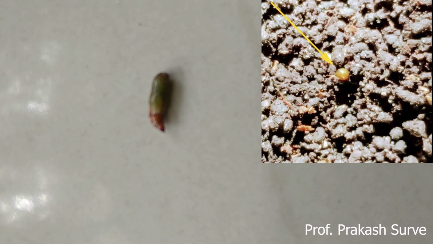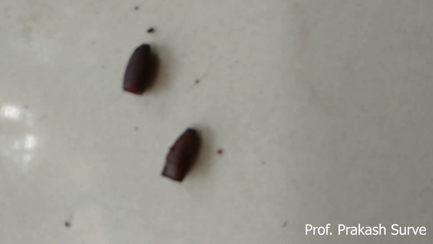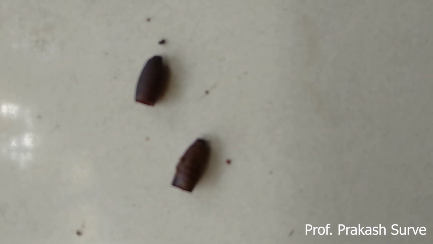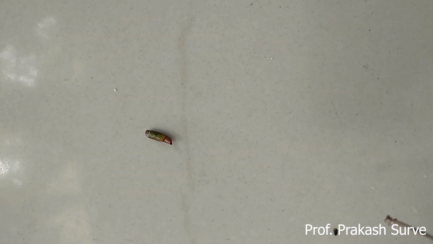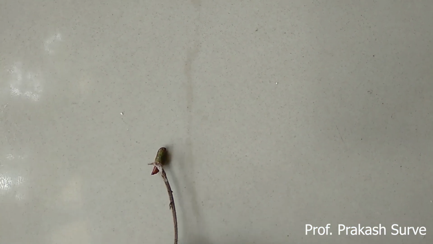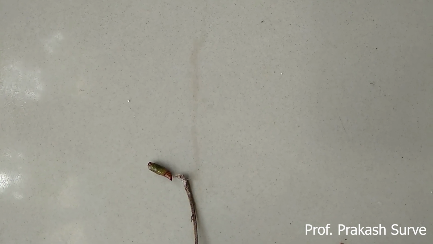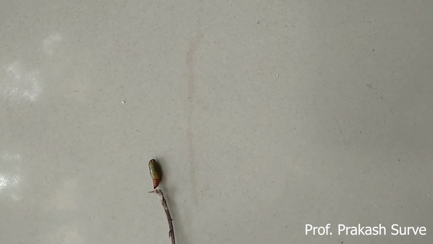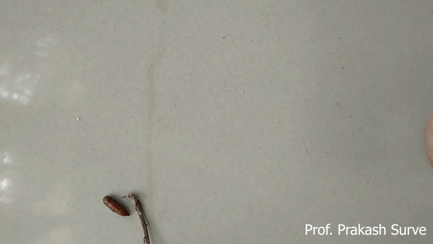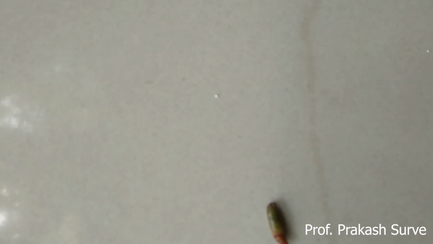Here we can watch the cocoon, inside which the baby earthworm is present. These are the empty cocoons. After 3 to 4 weeks, mostly after 3 weeks, each cocoon provides 2 to 3 baby worms. Development of the earthworm is direct.